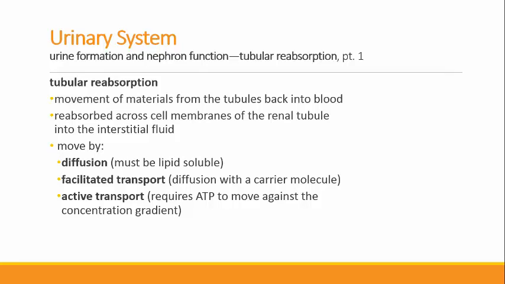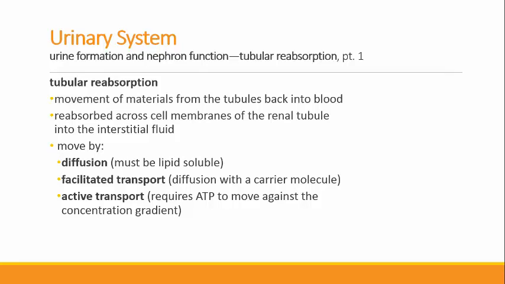And there are three ways that materials move when we do tubular reabsorption. The first is diffusion, and hopefully everybody now remembers what diffusion is. We move materials by diffusion from what concentration to what concentration? Hopefully you said from high concentration to low concentration.